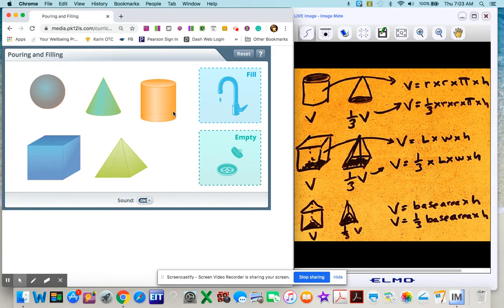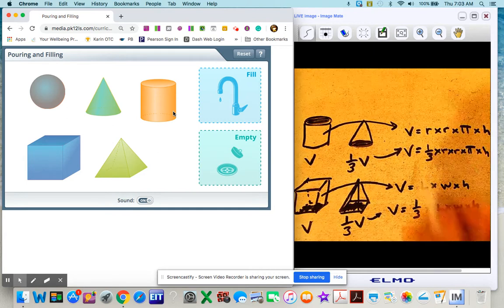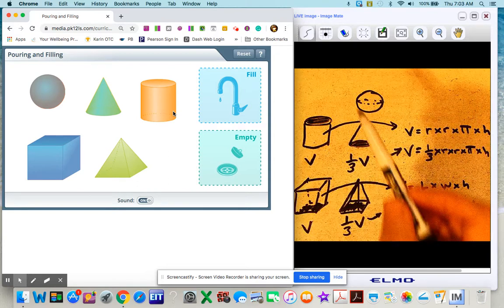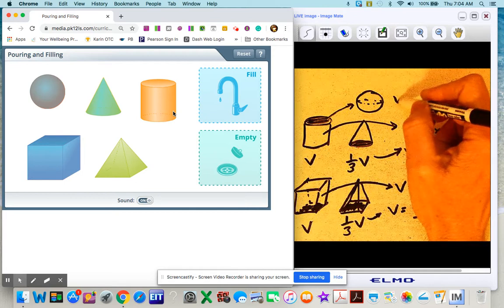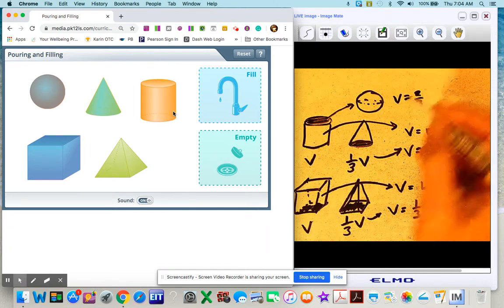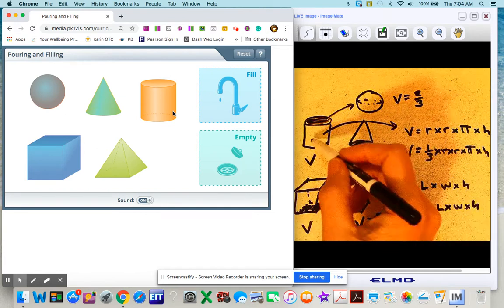So if I add this to our list over here, if I do a sphere, what is its relationship between these? The volume of the sphere is 2/3 the volume of the cylinder.